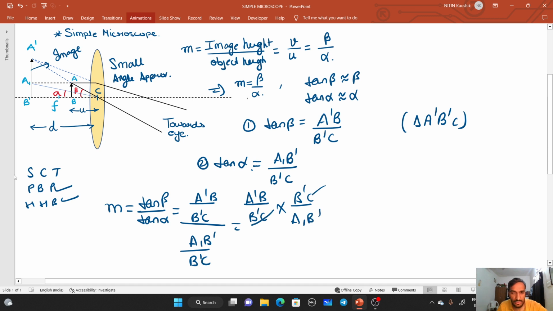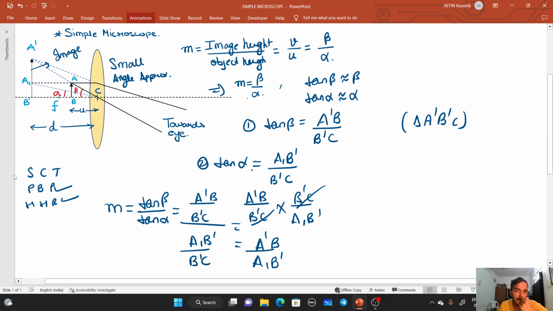So these two will cancel out. So we'll get A dash B dash upon A1 B dash. This is the final equation that we get with the help of this definition, equation 1 and equation 2. So this is clearly the image height and this is the object height, right?